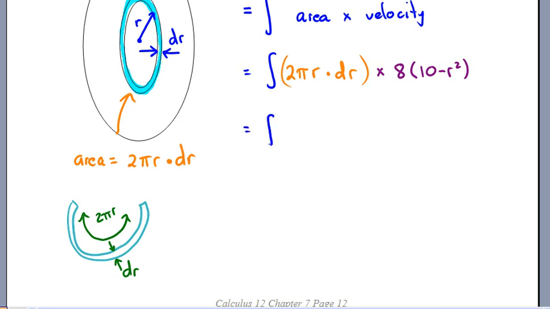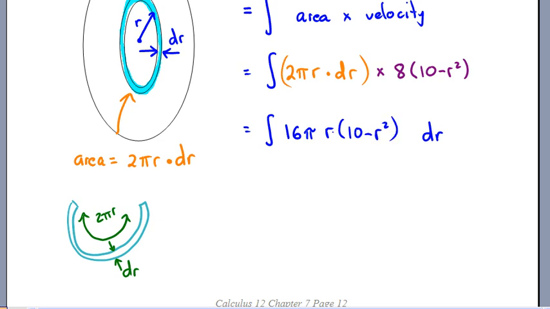So this is going to be an integral. I'm going to put the dr way down here at the back end. It just looks nicer back there. And what else have we got? There's a 2 and an 8. Okay, so that's 16, and there's a pi. So 16 pi. And then there's still an r. And then there's this 10 minus r squared.